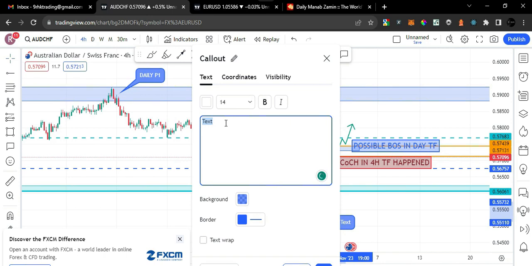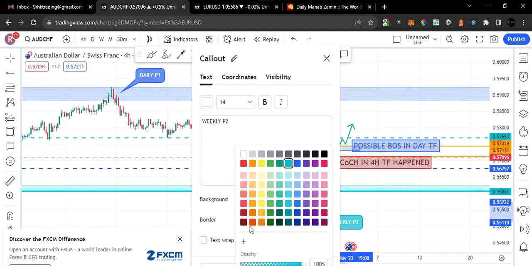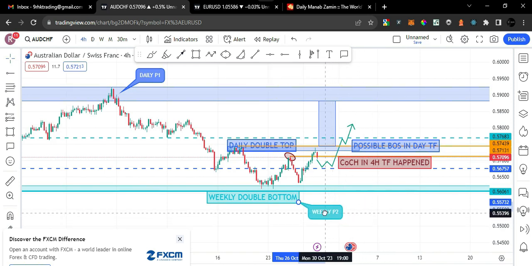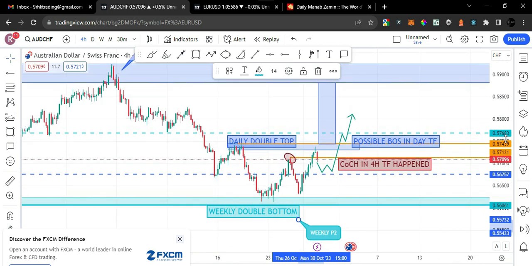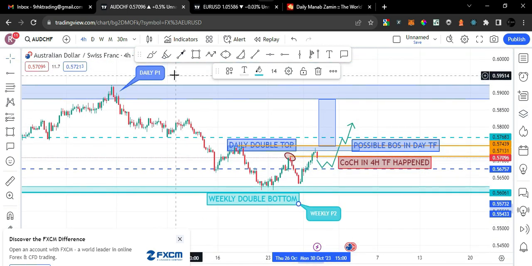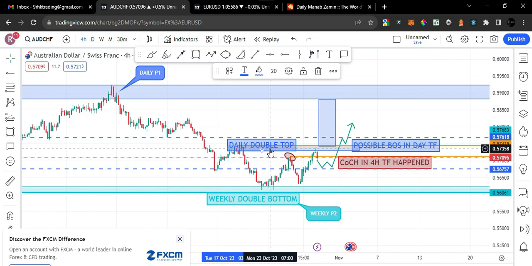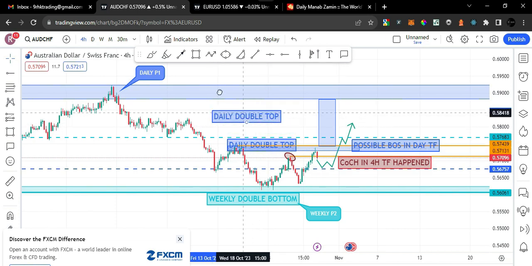So this is weekly P2, and let me mark this properly, because using different legends gives us different views or perspective in observing the whole chart. So this is our P1, daily pattern 1. It formed a double top. So I can put it, control CV. This is a double top already formed.